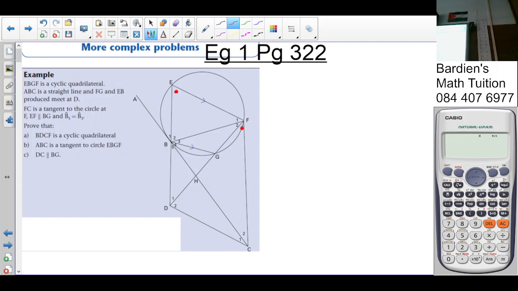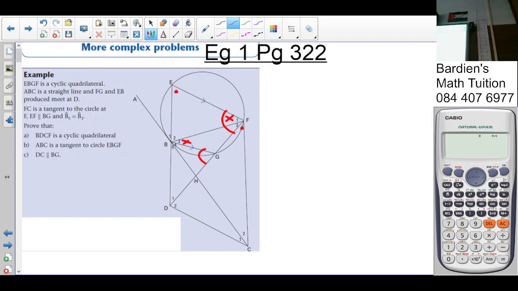Then we are told that EF is parallel to BG. So what do we know from there? We know alternate angles are equal, corresponding angles are equal and co-interior angles are supplementary. So this angle here is equal to that angle. Also this whole angle will be equal to that whole angle, and so on.